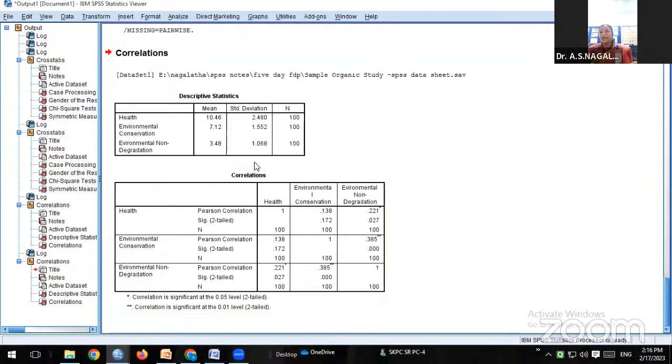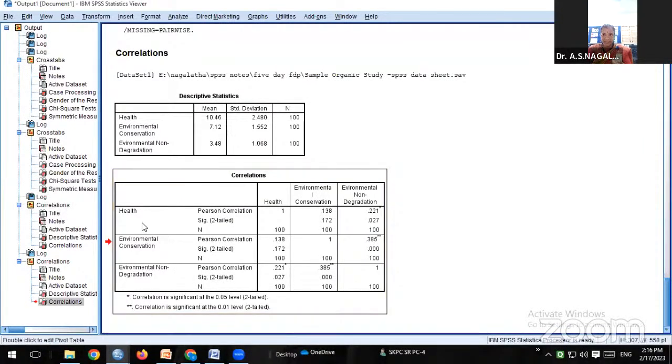Here I have another correlation table, where health is related to environmental concern, and health is related to environmental non-degradation. In the same way, environmental concern is connected with health and degradation, and environmental degradation is connected with health and conservation. According to these values, you have to choose either the upper column or the lower column.